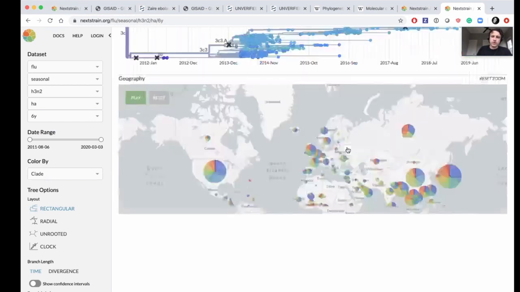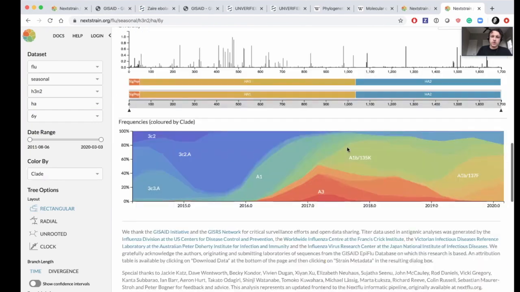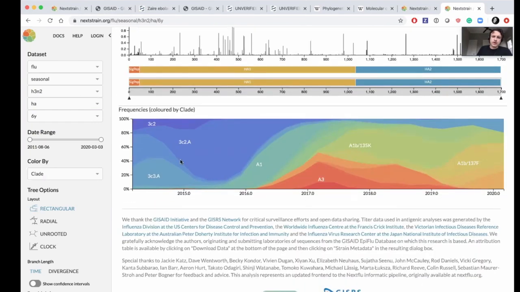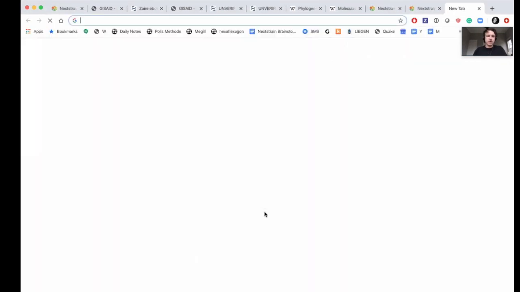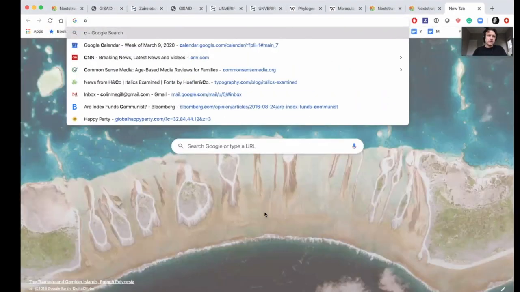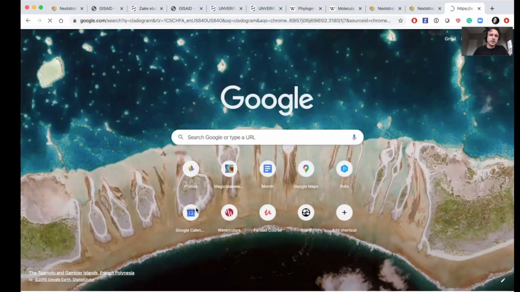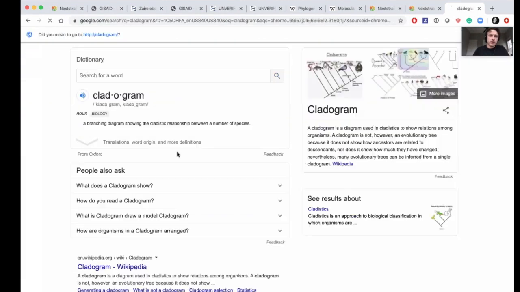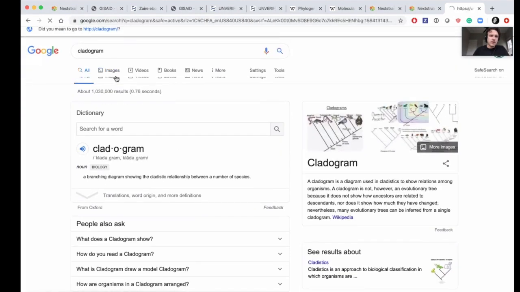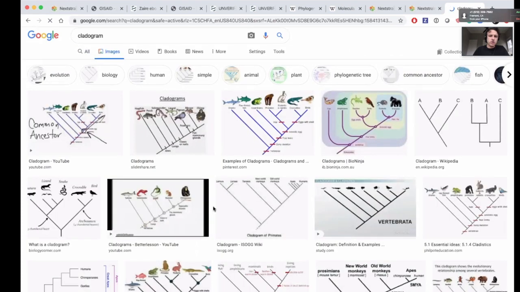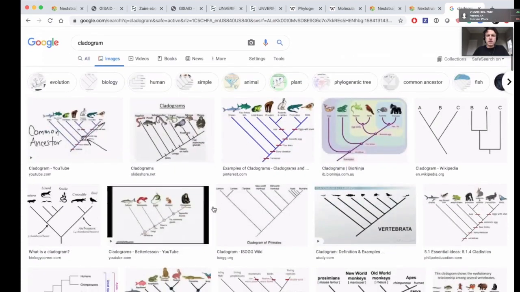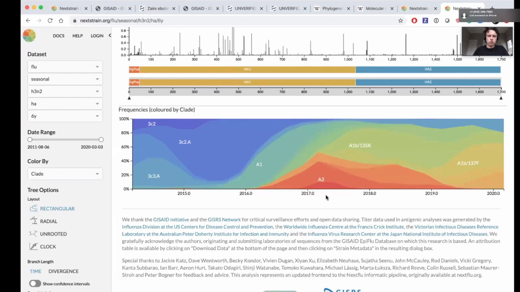If we scroll down here, this is a different visualization that you haven't seen yet. I think the word for this is a cladogram, and I might be wrong about that. Maybe it's a Muller plot.